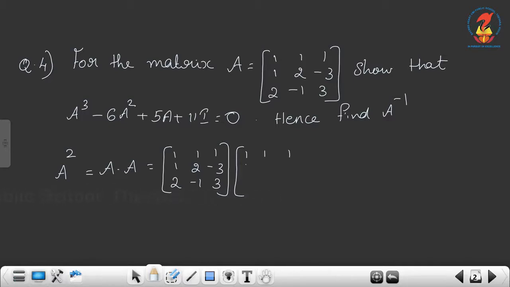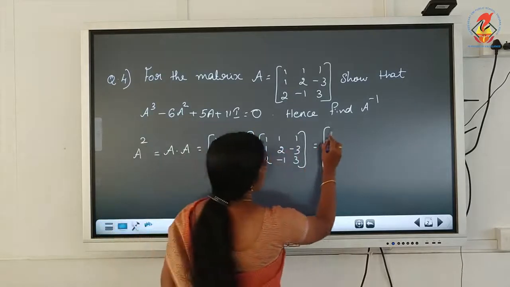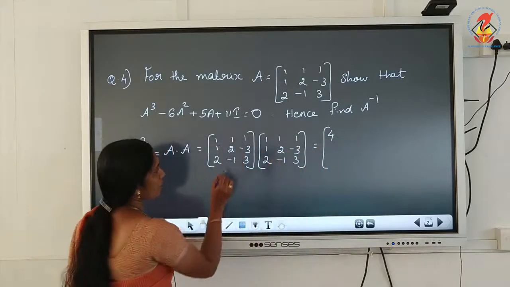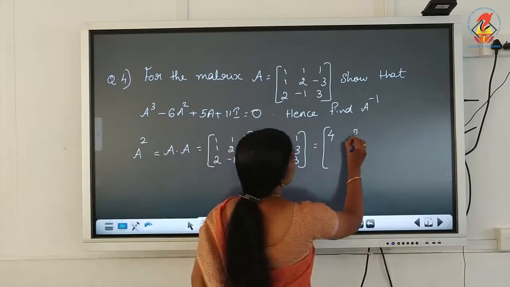Then multiply this. So, we get a 3 by 3 matrix. 1 into 1 plus 1 into 1 plus 1 into 2, that is 4. 1 into 1 is 1, 1 plus 2 is 3, 3 minus 1 is 2.